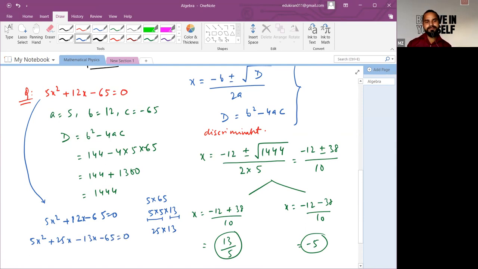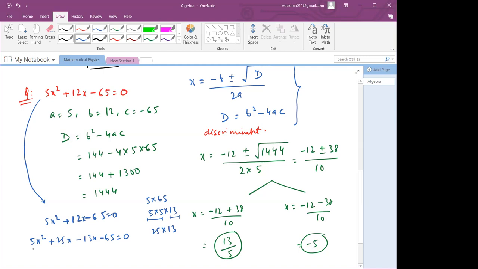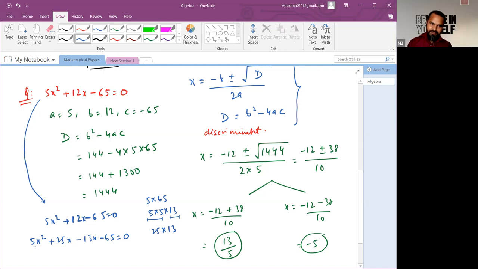Okay. Now, if we take common 5x from these two terms, we're left with x plus 5 here. And if we take out minus 13 common from both these two terms, it will be x plus 5, which will be equals to 0.